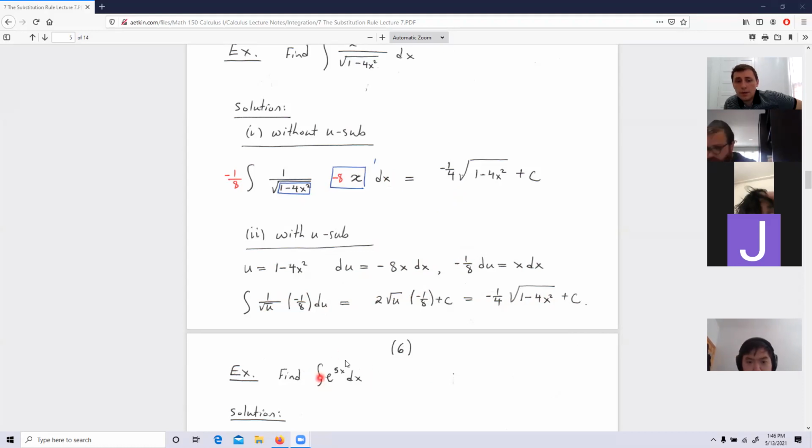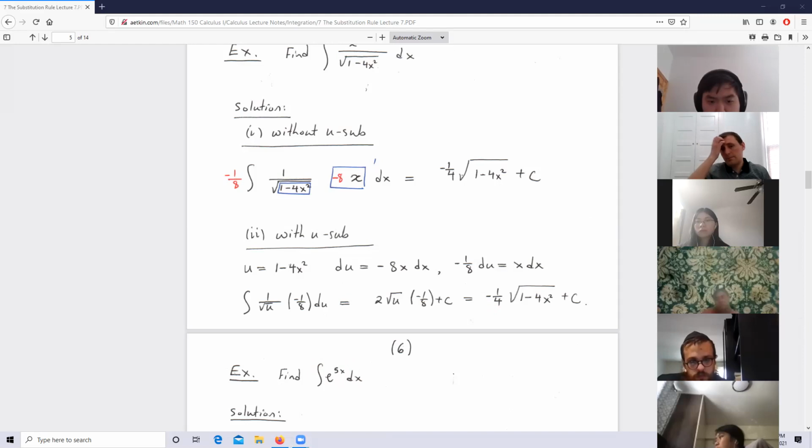Very quickly, guys, with whichever method you prefer, figure out the antiderivative for e to the power of 5x, please. Very good, Humaira. Come on, guys.